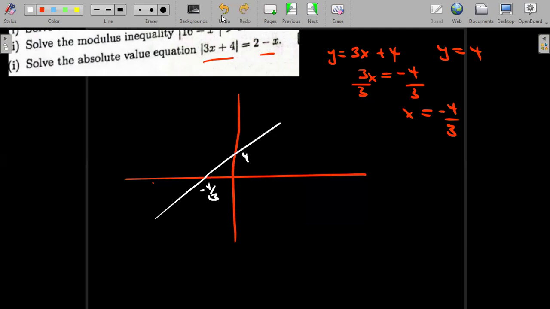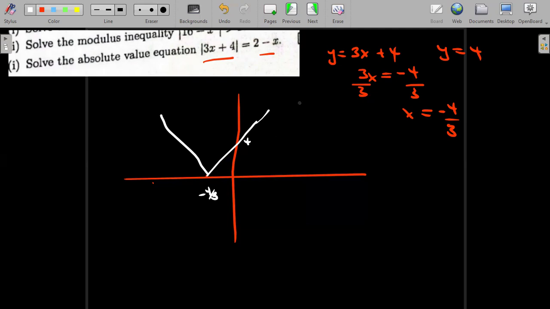So this is how this modulus is going to look.